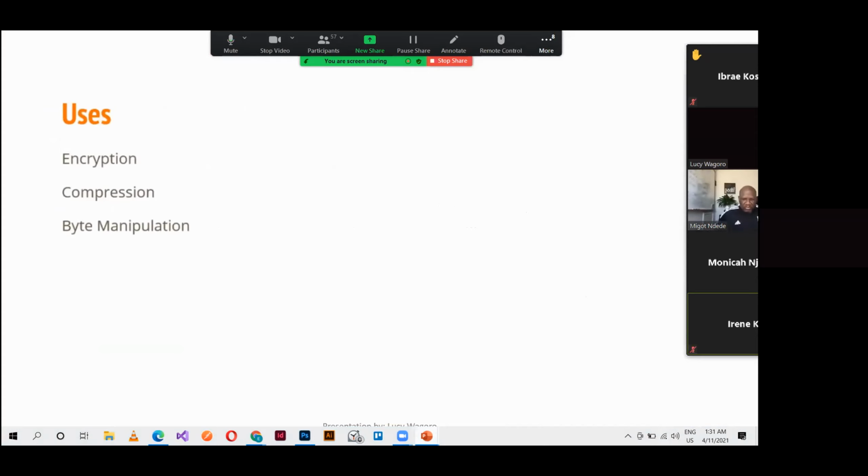So that's why most of the time, it is not easy, you don't find yourself working in base 2. But encryption will want to send you a code so that if I'm sending something to Monica, if I'm sending something to Migot, then nobody else can read that. It is like a security measure. So we use the bits to encrypt the code, whatever you're working on, as a security measure. We also use bitwise operators for compression and for byte manipulation.